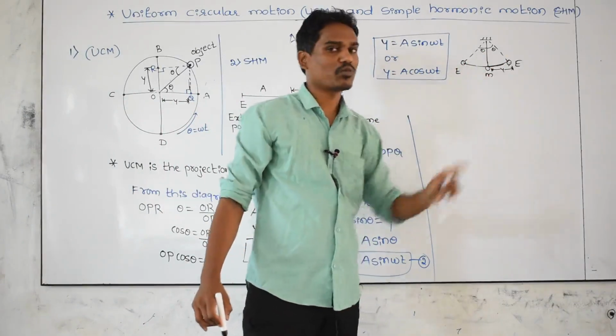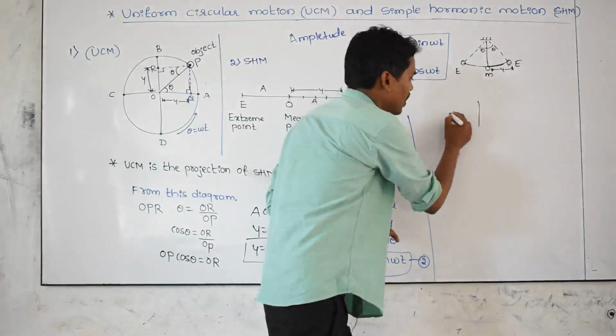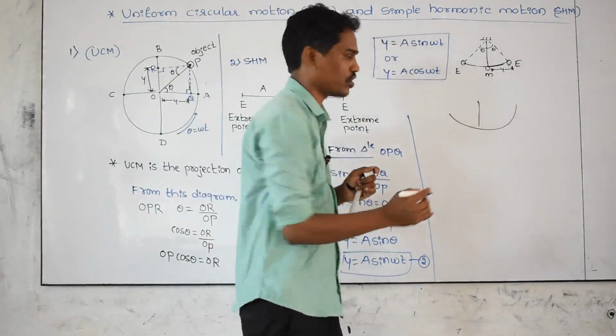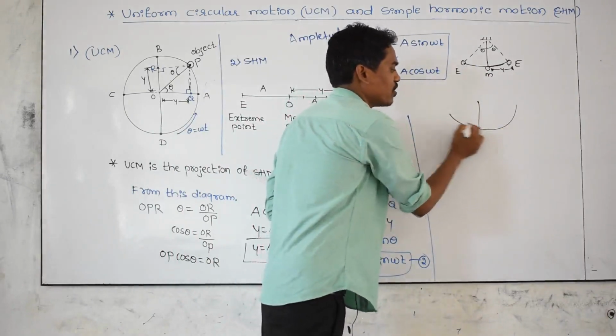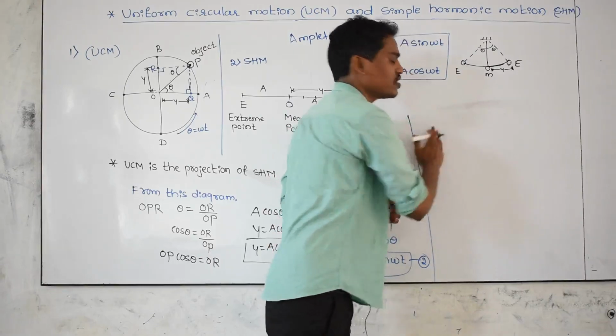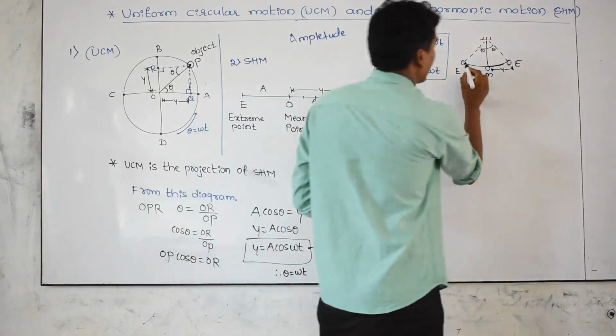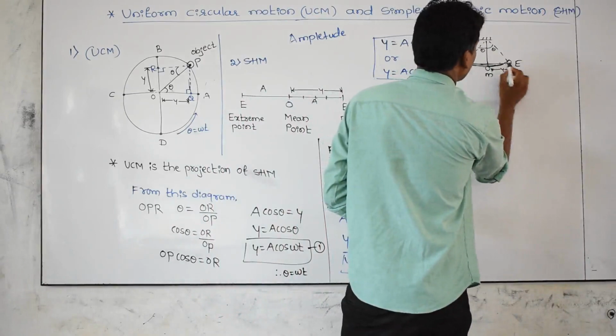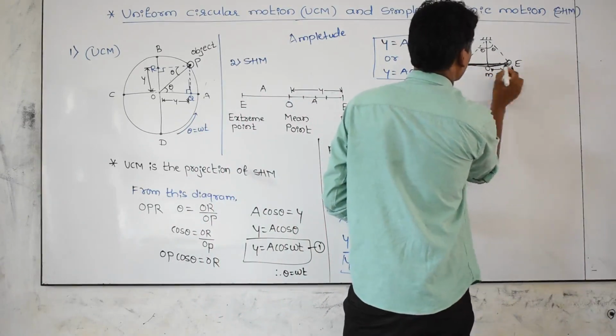That's why it is simple harmonic motion. And not like this. This is not simple harmonic motion because this is a curved path. Don't call it simple harmonic motion. This line is almost straight, that's why it is simple harmonic motion.